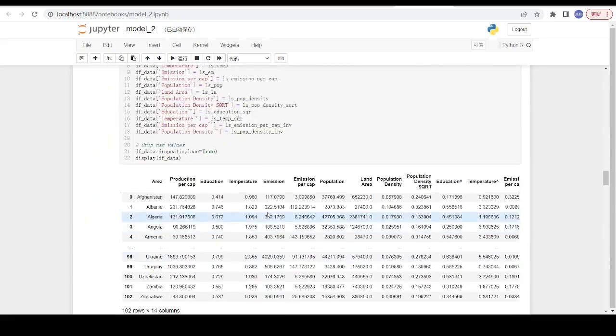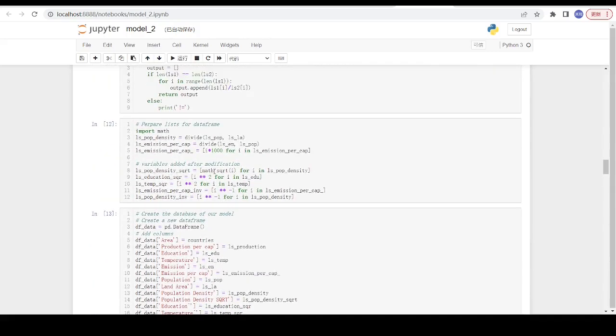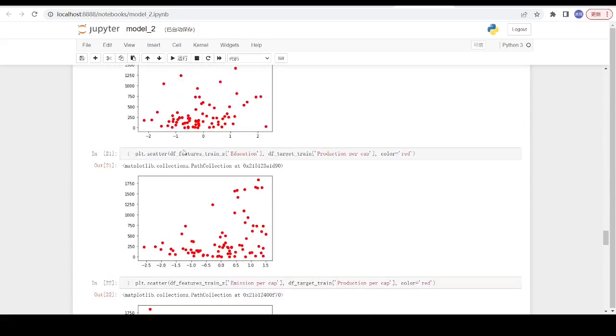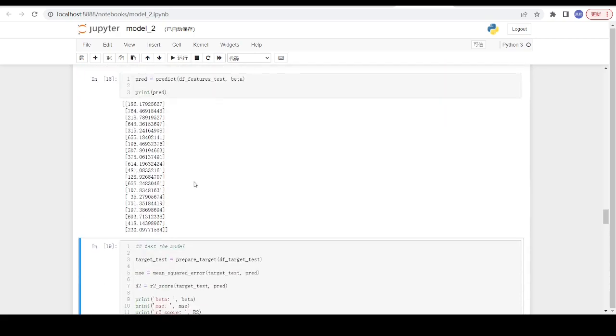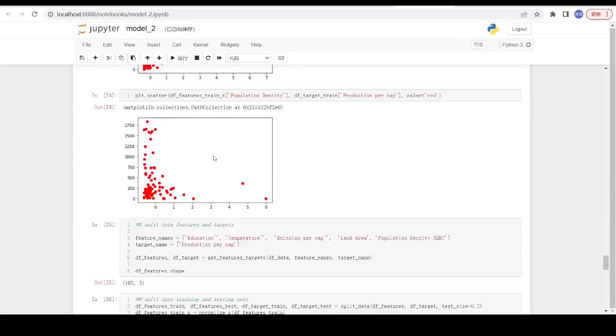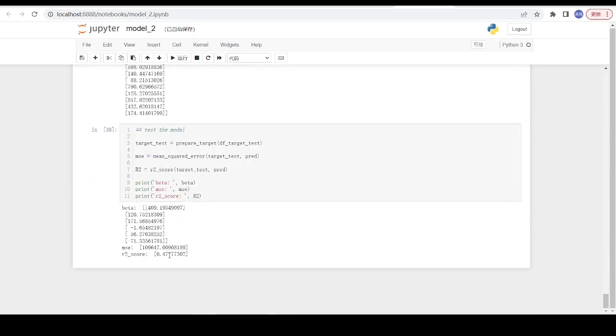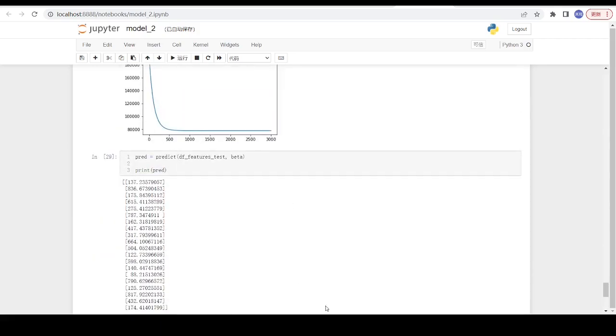And thus, in our second model, we change education and temperature into education squared and temperature squared, emission to emission inverse, and population density into the square root of population density. Then after the regression, our R squared increased from 0.37 in the first model to 0.48 in the second model, which indicates an increase in the precision of our model.